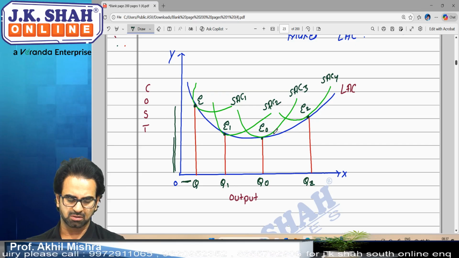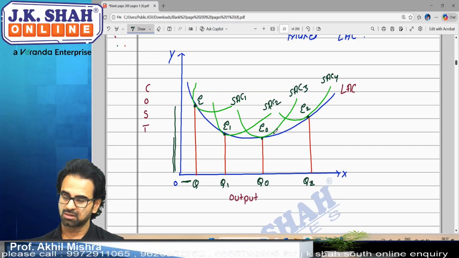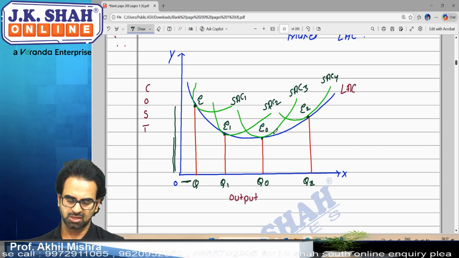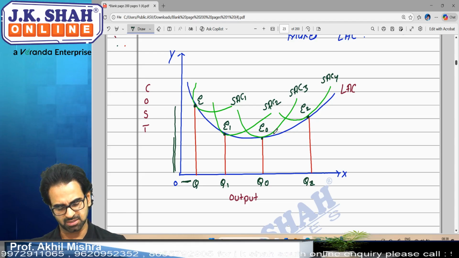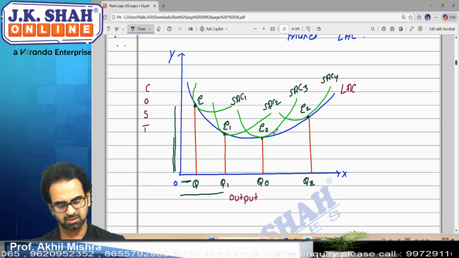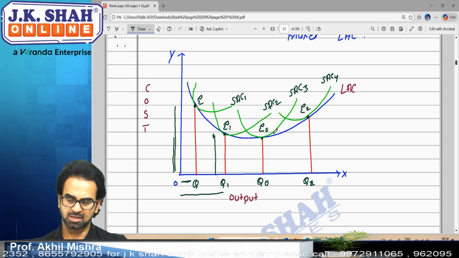Then go for Q1. Of course, Q1 is still better than OQ because the production is increasing. At least now the production is this much. Still at Q1 the cost is high. Why is the cost high?